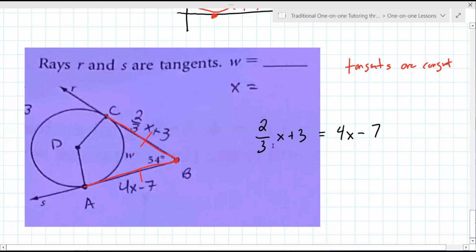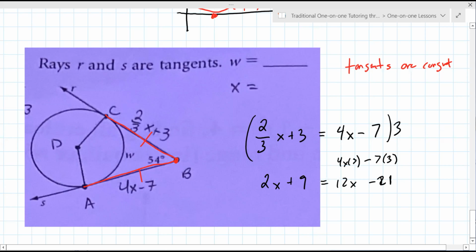Do you recall how to solve an equation like this when there's a fraction involved? I think I just multiply everything by 3. Yes, because it's the bottom number. I would divide first, so that cancels with the 3, and it's 2x plus 9 equals 12x minus 21. If you need to, you can show the multiplication as an intermediate step.